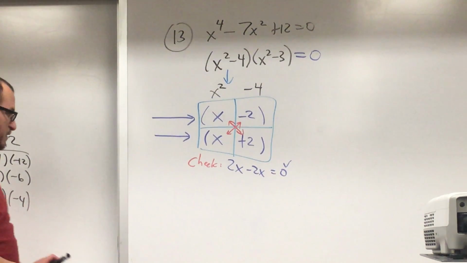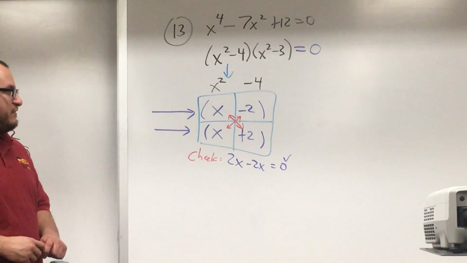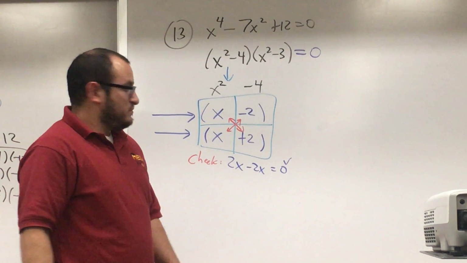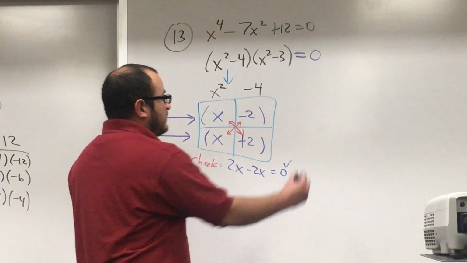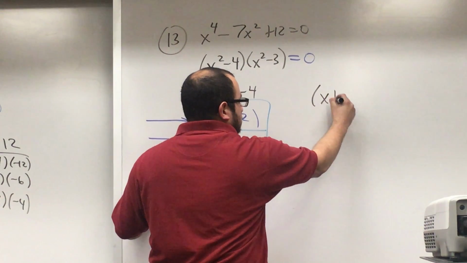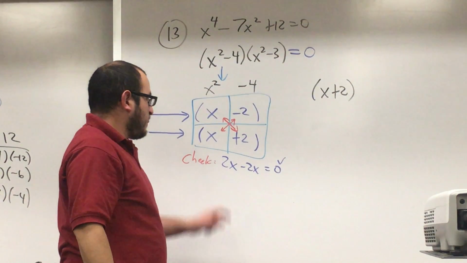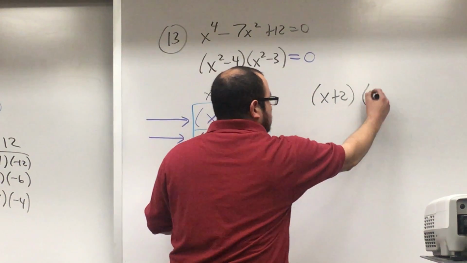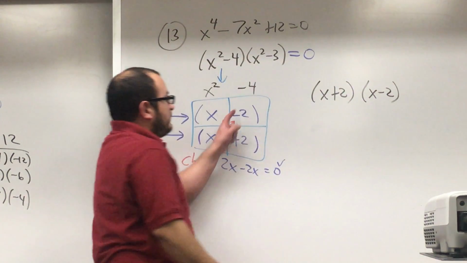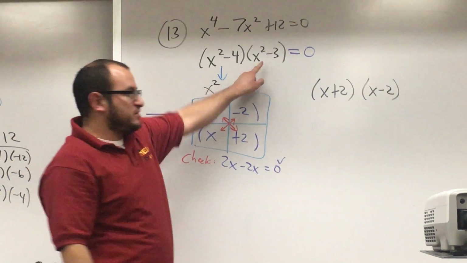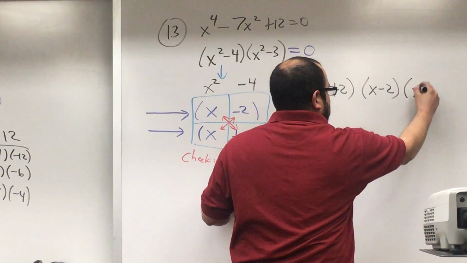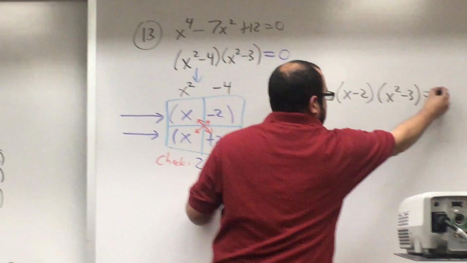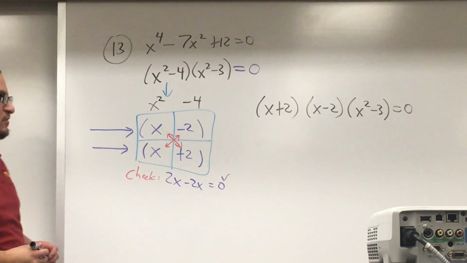Alright, let's finish this off. So we have x plus 2, x minus 2, and again, don't forget the one up here, x squared minus 3. And again, they're all equal to 0.